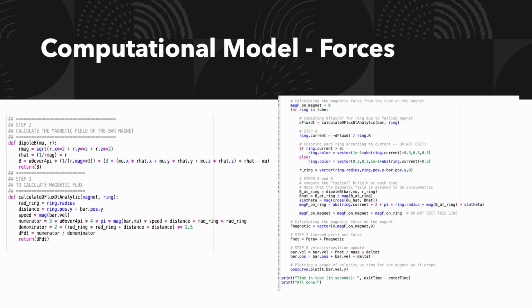Then I find the net force by adding both those forces, and with the net force I update the velocity and position using the velocity update formula and the position update formula, and then I print the time in tube in seconds taken for the bar magnet to fall through.